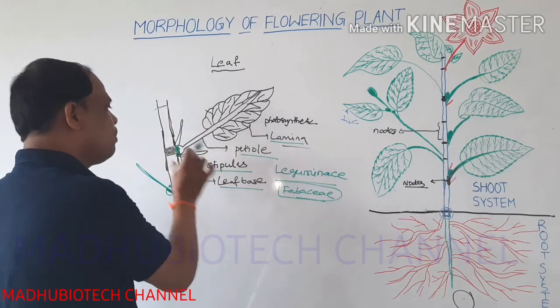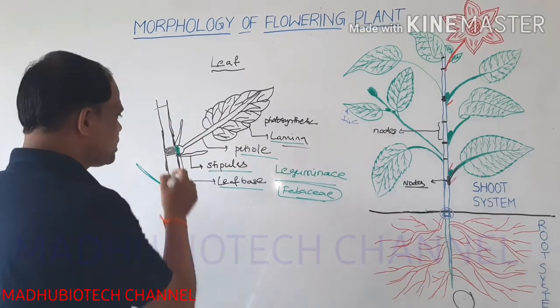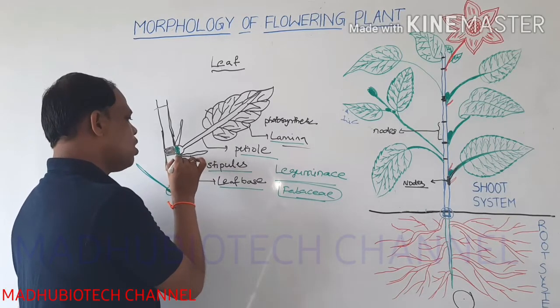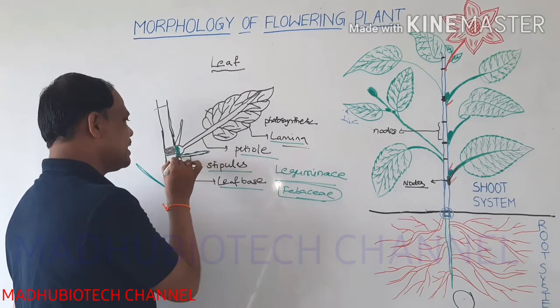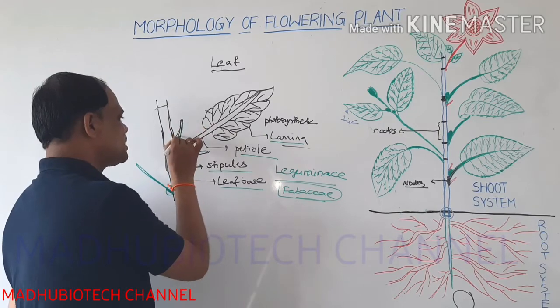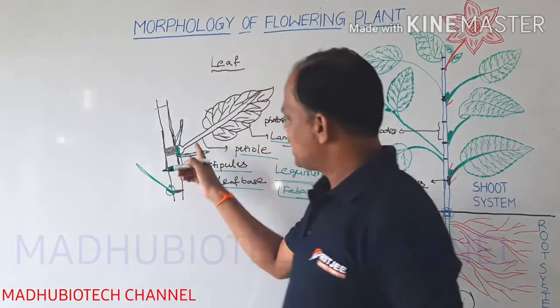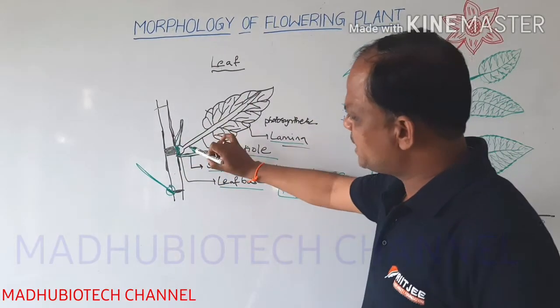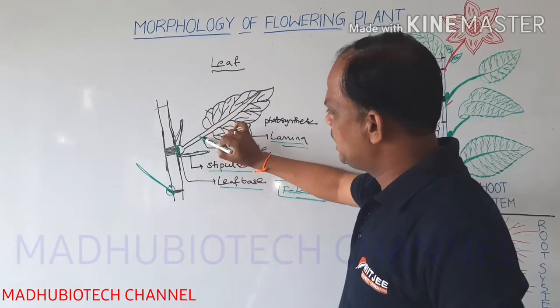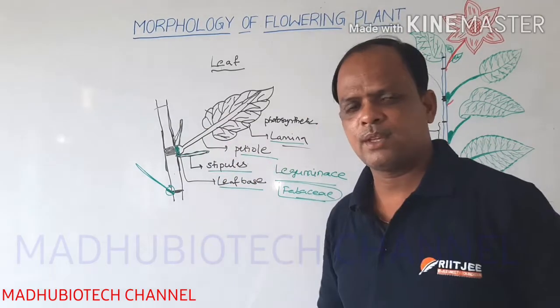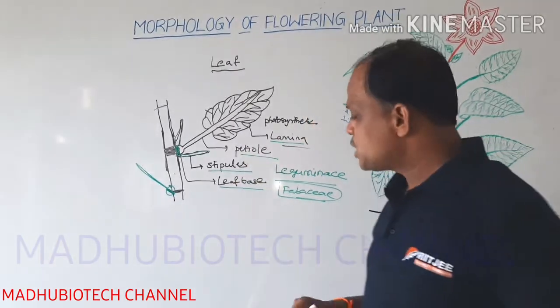And on the above or below side of the leaf base, at the place of the nodes, very small green, hair-like structures develop. These structures at the leaf base are also called stipules.